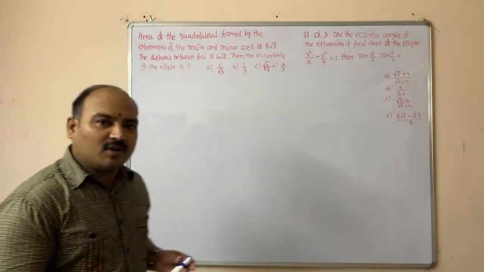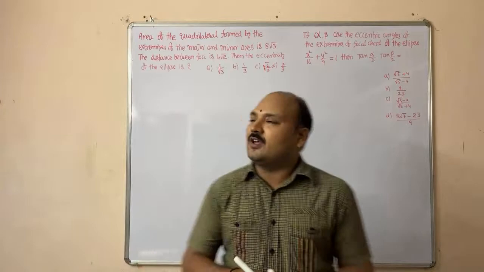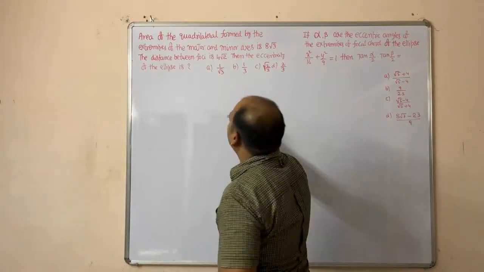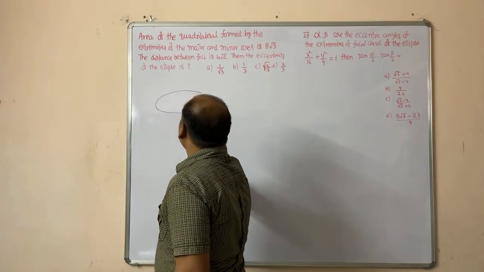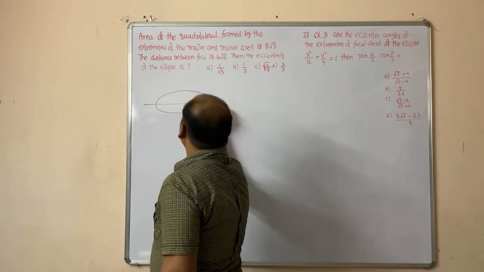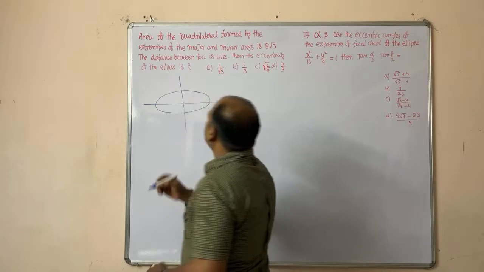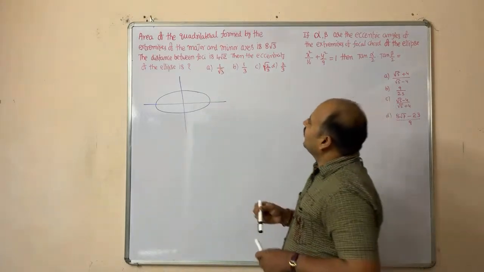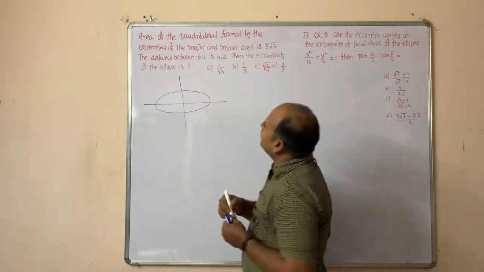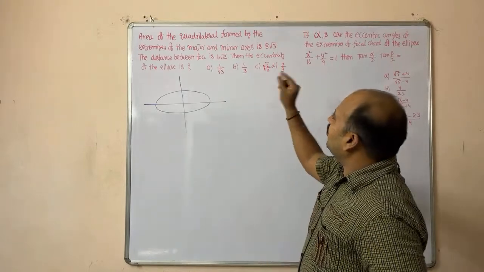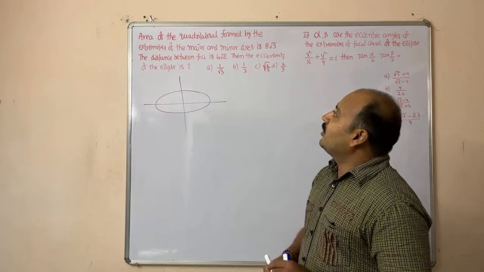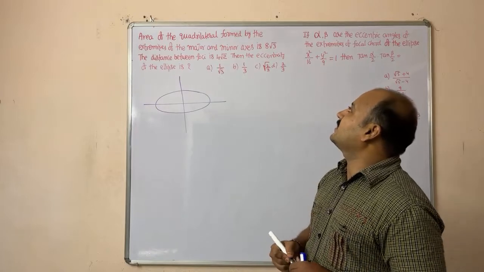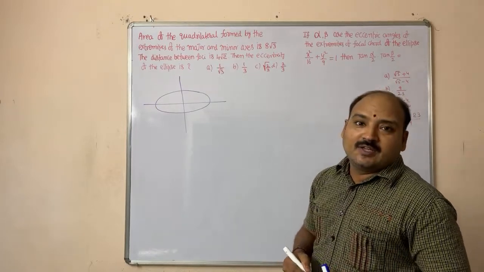See here, first according to the question, if you draw the figure, this is the rough figure of ellipse. What they are asking is the area of the quadrilateral formed by the extremities of the major and minor axis is 8√3.